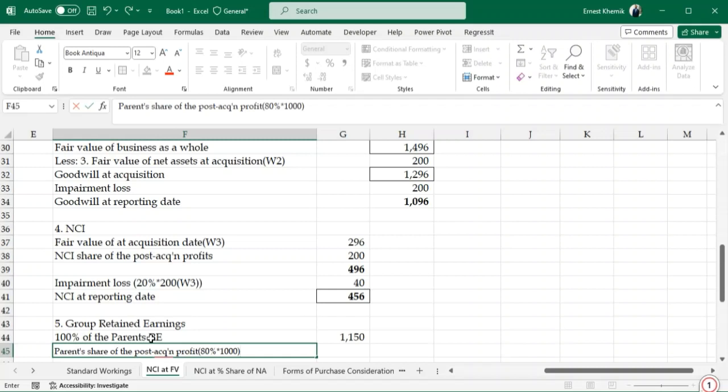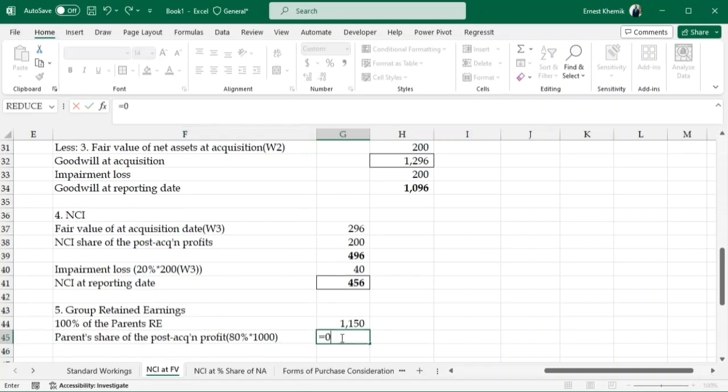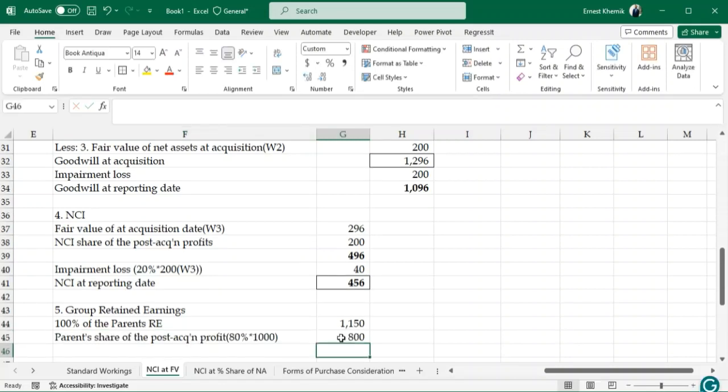So I'll have 0.8 multiplied by 1000, and that gives me 800, and then I can add these together, and that gives me 1195.